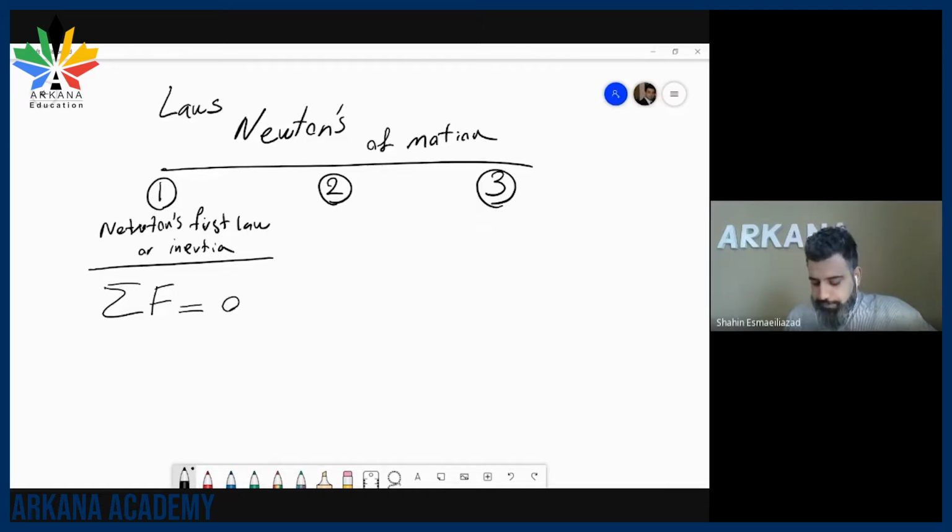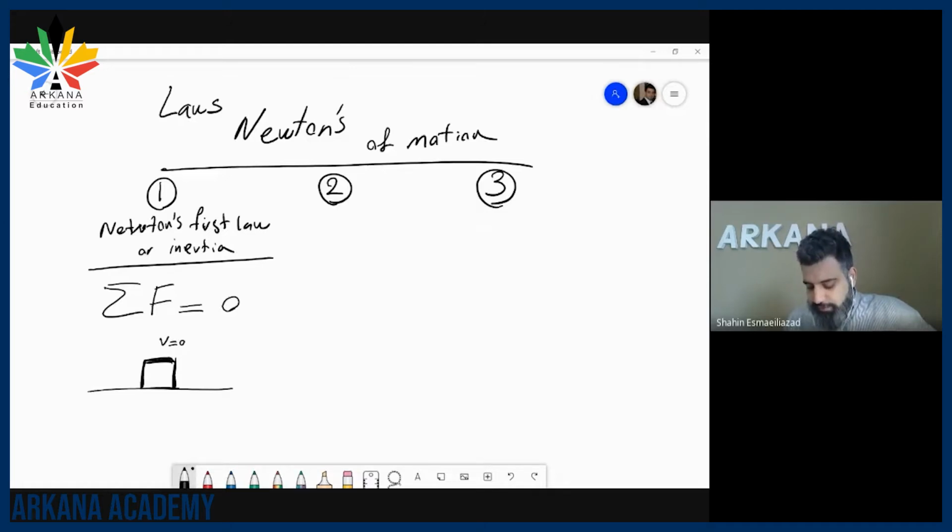Okay? So I'll give a quick example. If you are looking at a box that is sitting on the floor and it's not moving, therefore there's no acceleration, and therefore this object has velocity equal to 0. It's at rest. So Newton's first law of motion, or inertia, applies in this case.